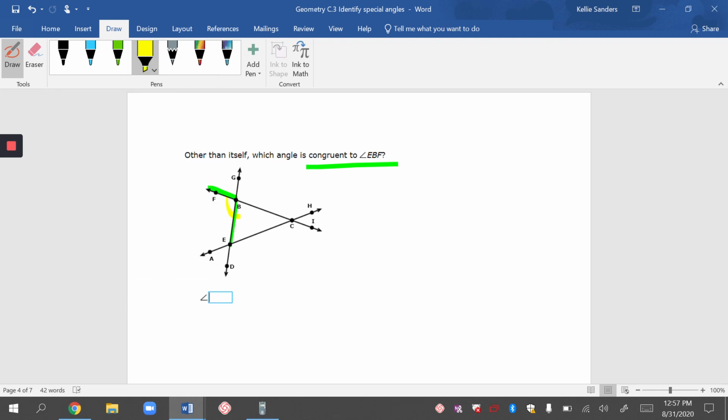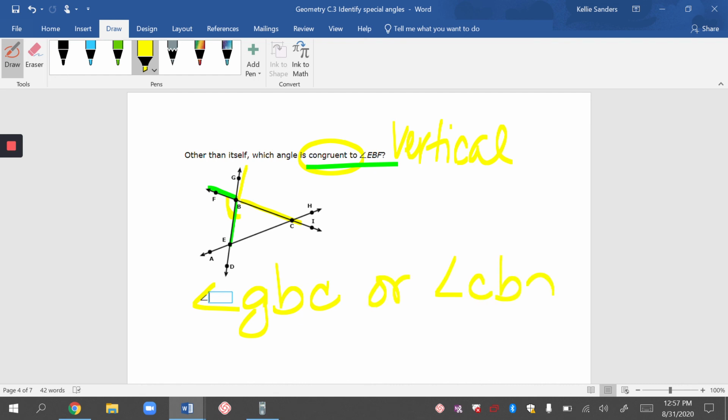So if we're looking at this angle right here, congruent on these, basically you're looking for vertical for the most part. So which one is vertical? This one is. So you can either say angle GBC or angle CBG.